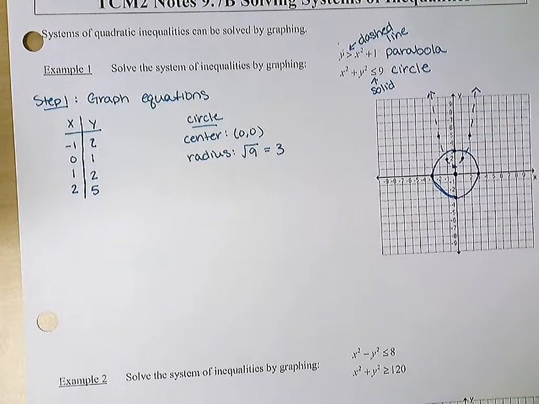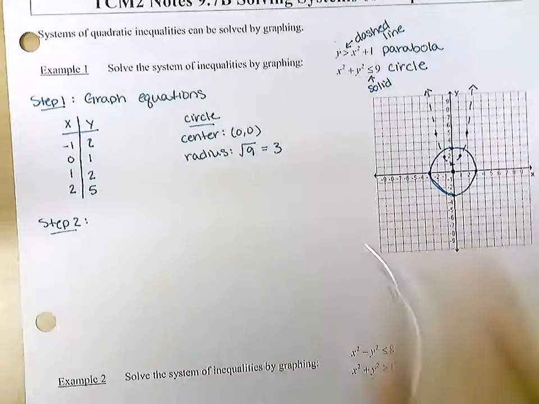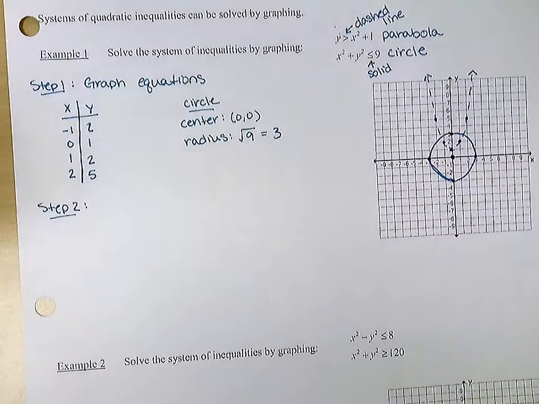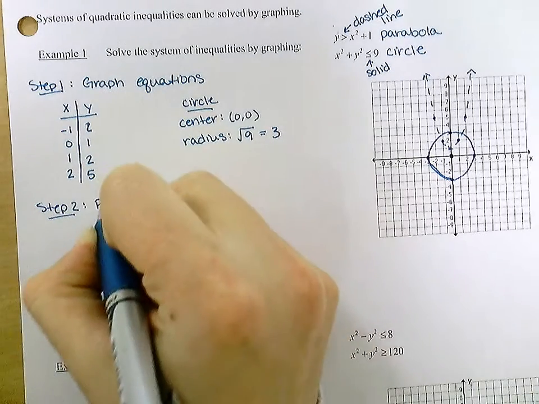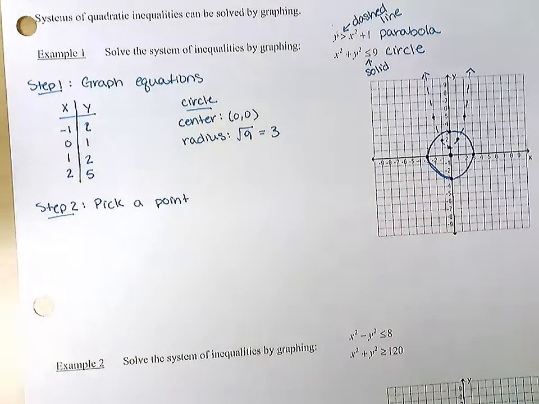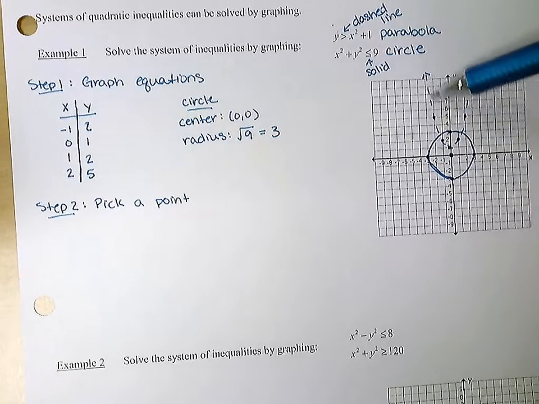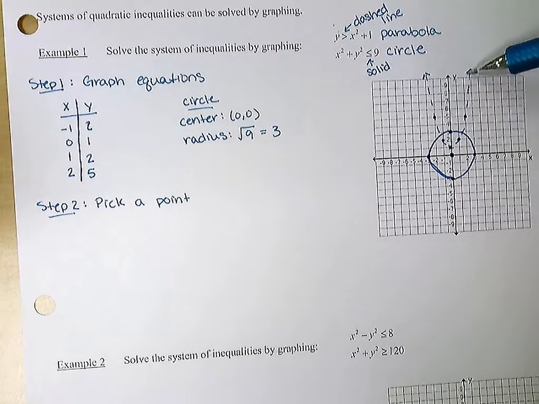Next, since these are inequalities, we have to figure out where we're going to shade. So step 2, we're going to pick a point. I want to pick a point that is not on the graph, so not along the line of that parabola.